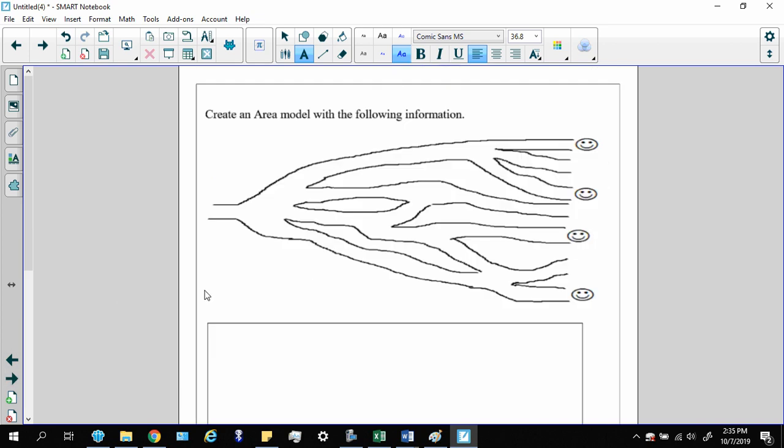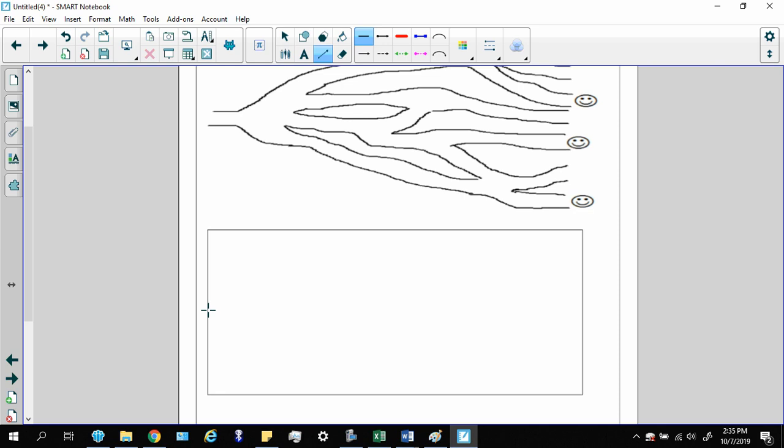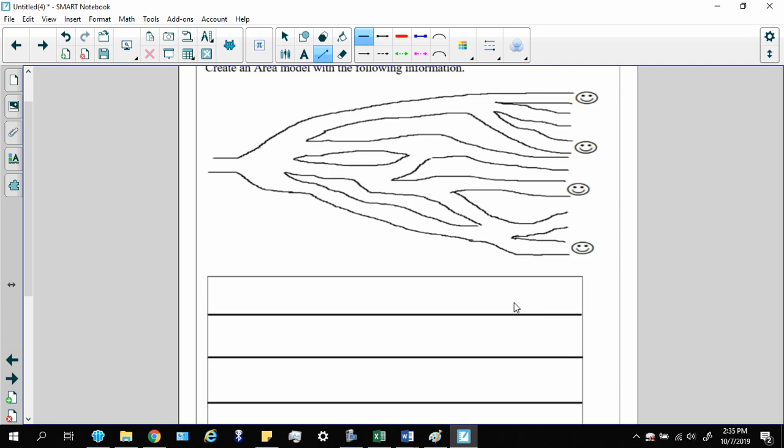All right, moving on. Alrighty, here we go. Pumpkin question, but it's smiley faces. All right, so first off, I'm dealing with 4 trails. So the best way to draw 4 is start by cutting it in half, and then half your halves. That's the best way to do things. All right.